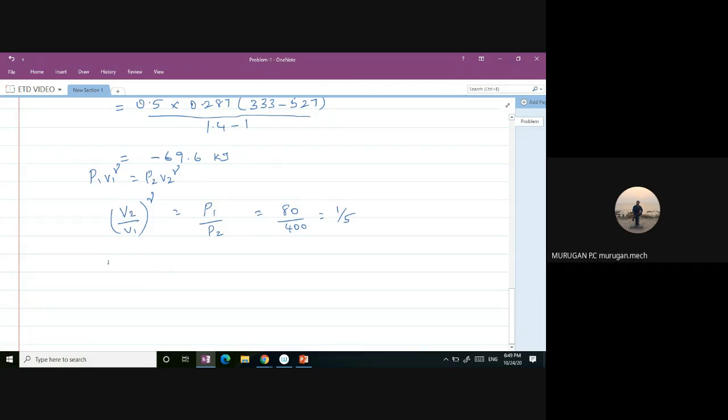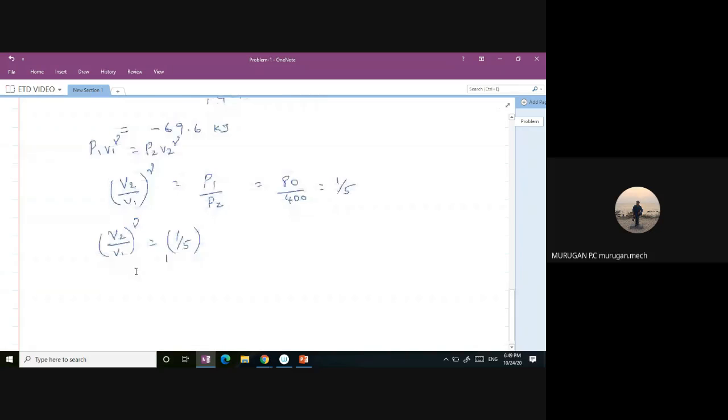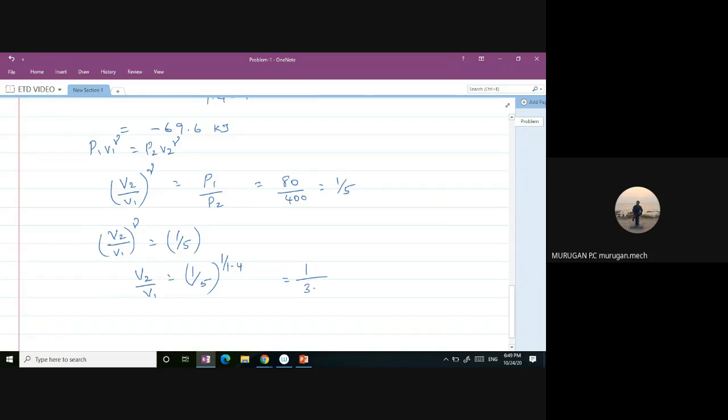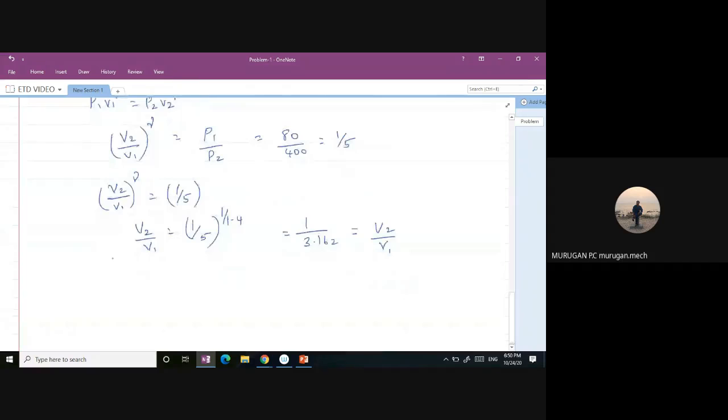Now V2 by V1 is given by 1 by 5 power 1 by 1.4, that is equal to 1 divided by 3.162. So V2 is equal to 0.597 divided by 3.162.